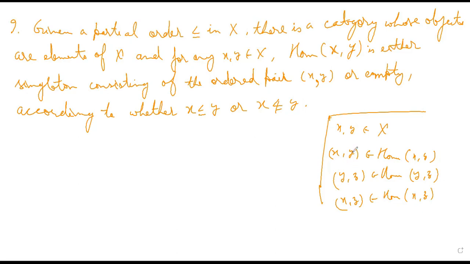Because x is less than or equal to y and y is less than or equal to z, and hence by transitivity of the partial order relation, x will be less than or equal to z, and hence (x,z) will be in Hom(x,z), and that will be the only element in Hom(x,z). Now if Hom(x,y) is empty, then there is nothing to compose with (y,z). Similarly, if Hom(y,z) is empty, then there is nothing to compose with (x,y). So if Hom(x,y) and Hom(y,z) are non-empty, then we can compose, and composition will be like this.